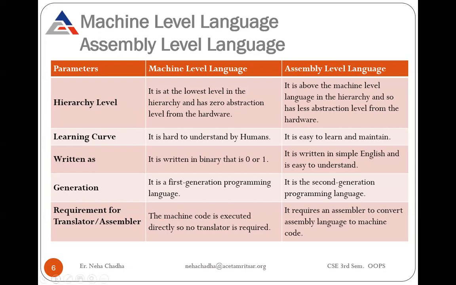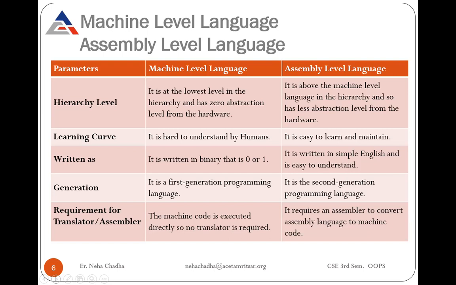In machine level language, the code is written as 0s and 1s, in the form of bits. In assembly level language, it is written in English and is easy to understand, but not in the type of English that you normally understand. Comparing both, assembly level language is easier.